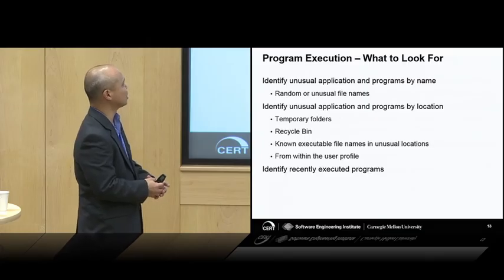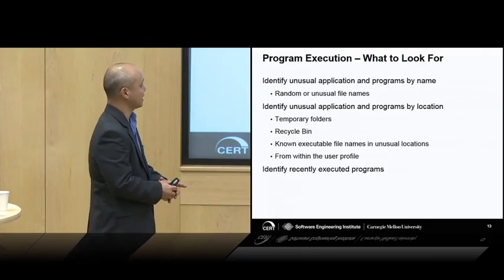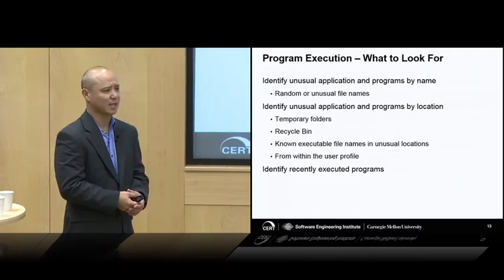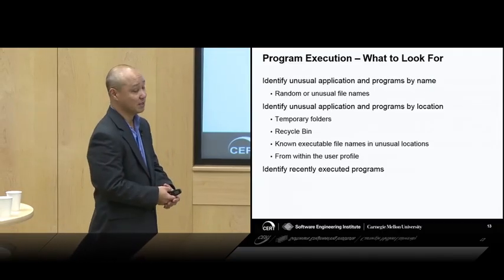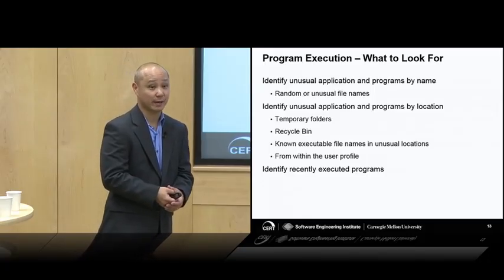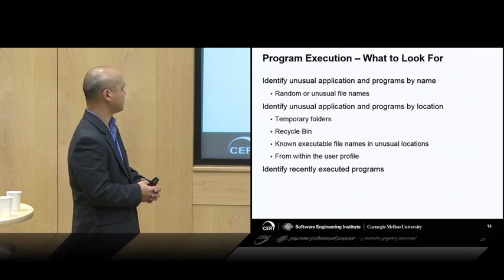And then known executable file names in unusual locations. Again, sometimes you find some things running out of a temporary folder, but it's svchost.exe. Well, why is that? It might be a malicious form of it, and they just named it something common and then ran it from a different location.